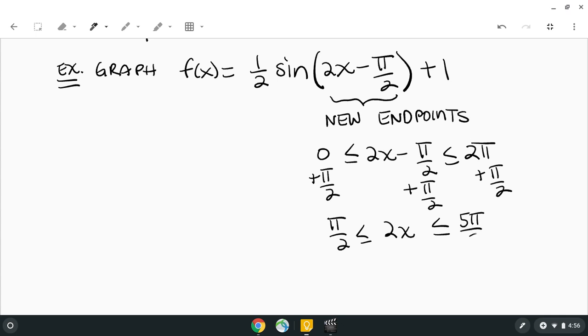That gives me pi over 2, 2x, and 5 pi over 2.